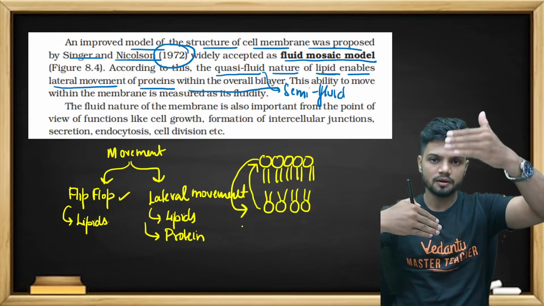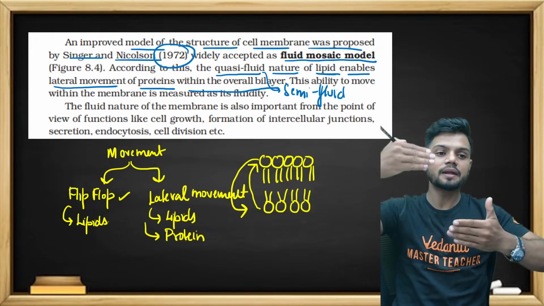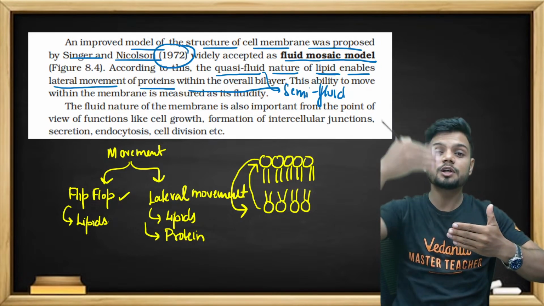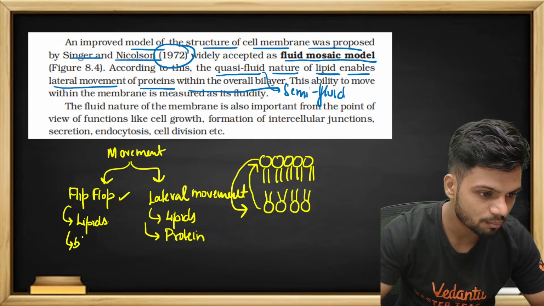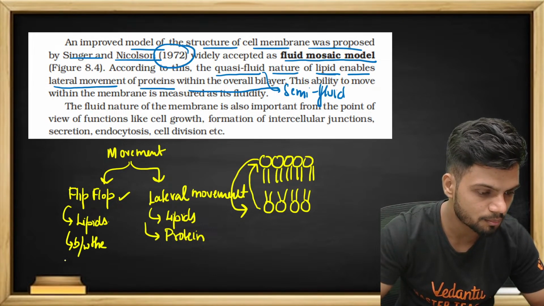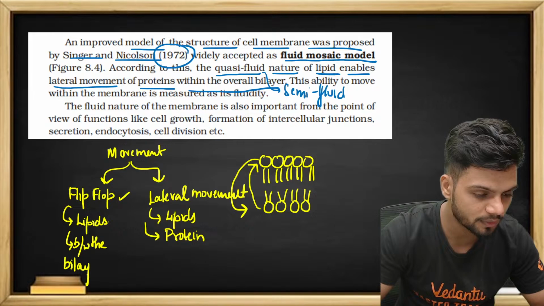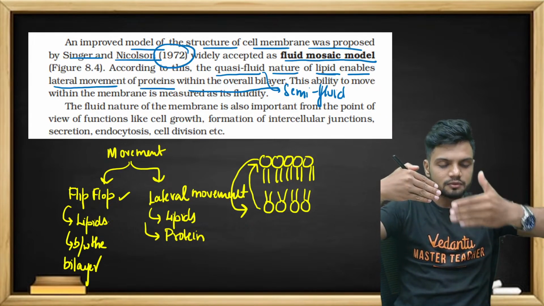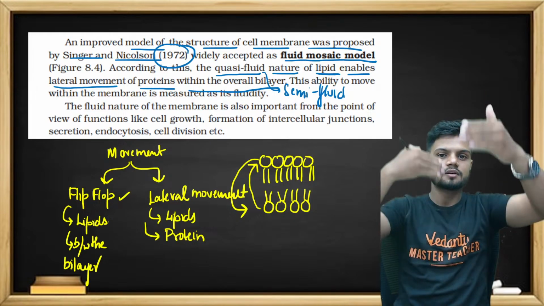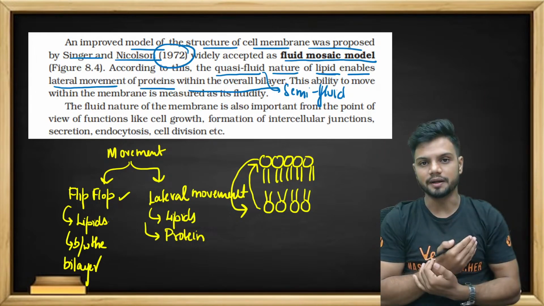Complete flip-flop. It is happening between the two layers, between the bilayer. One lipid which is on the top will come to the bottom, and this lipid from the bottom will go on top. That is called flip-flop movement.